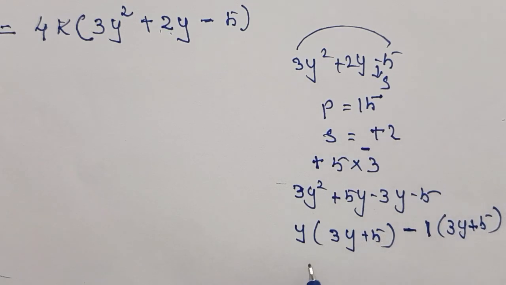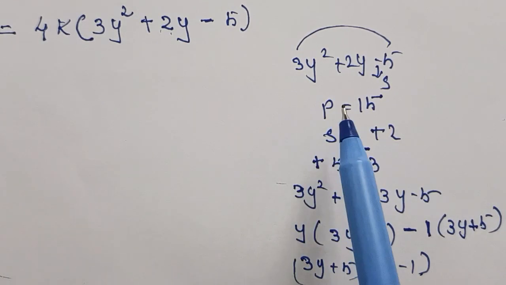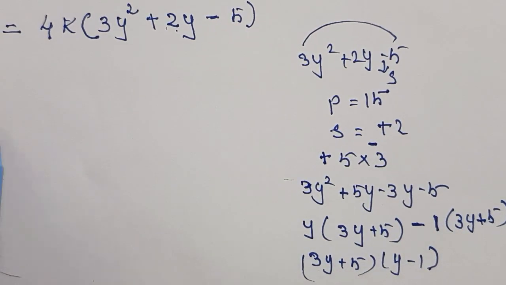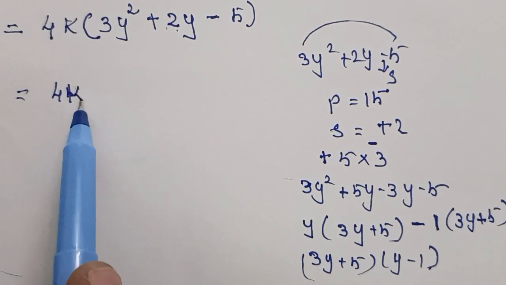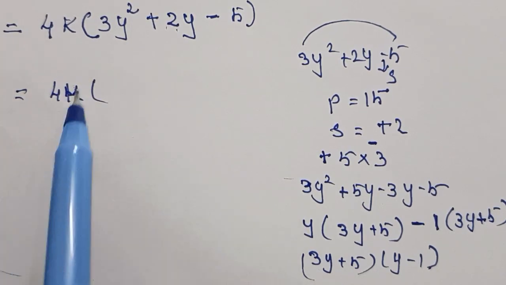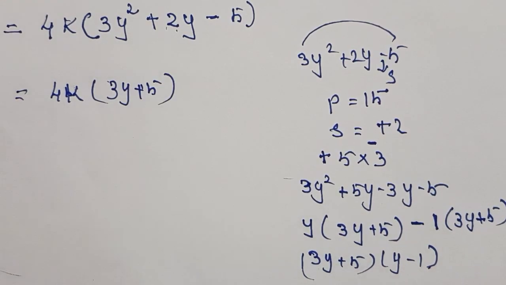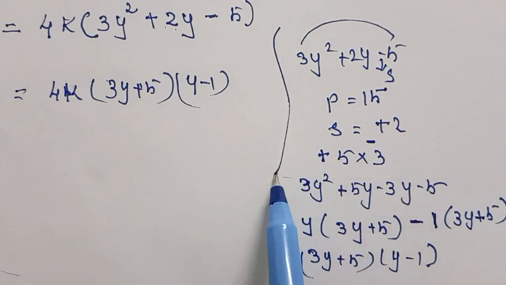Isn't it? That is equal to 3y plus 5 into y minus 1. This is the factorization of 3y square plus 2y minus 5. Now substituting here, this will become 4k into first factor 3y plus 5, and second factor y minus 1. Okay.